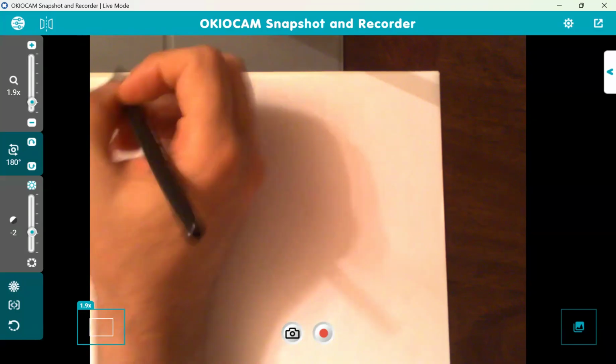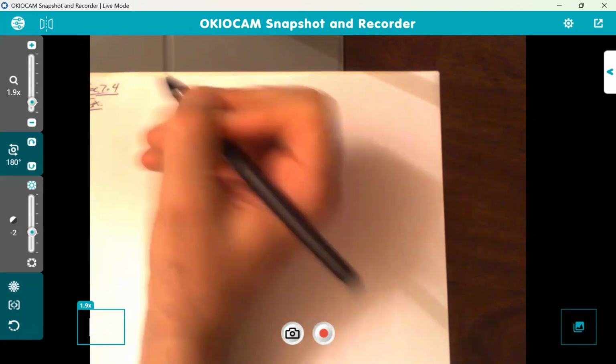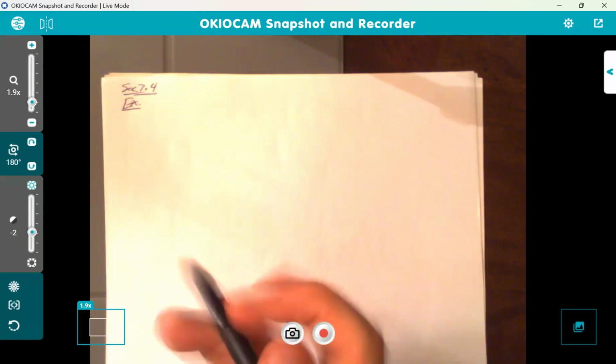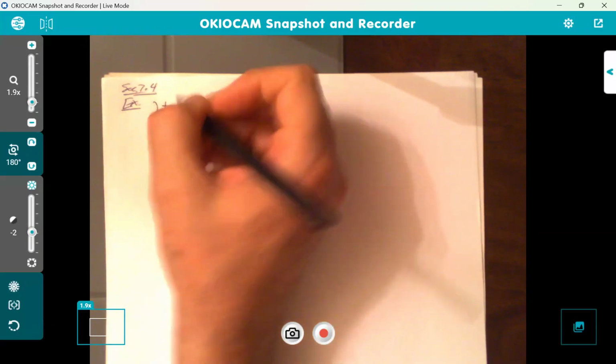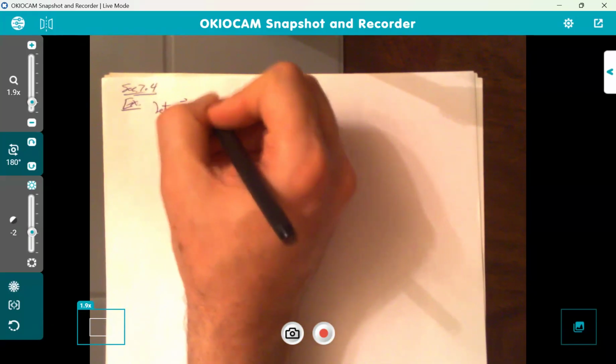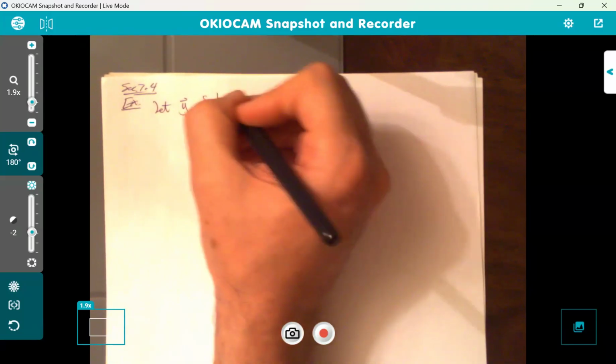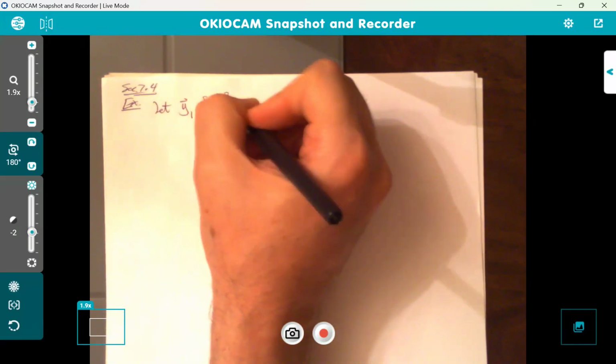In our example, this is section 7.4. In this example, I'm going to let y1 be the solution to a differential equation.